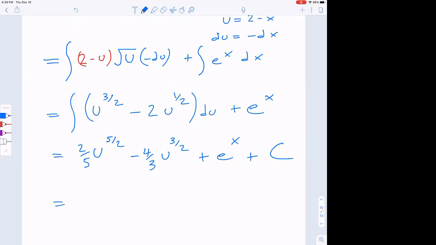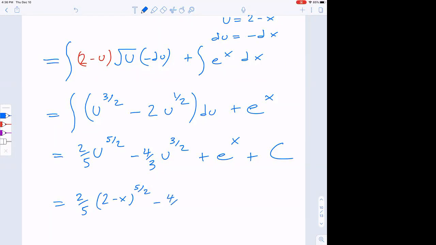And let's remember one last step here. The original question was in terms of x. So we should write our final answer in terms of x. So 2/5 and u gets put back into 2 minus x.